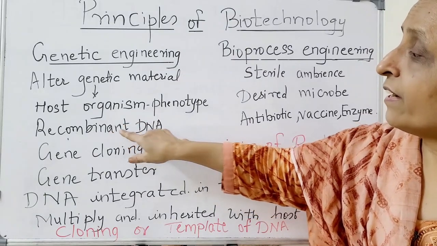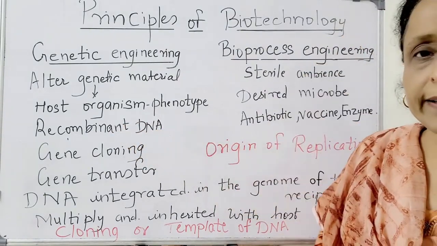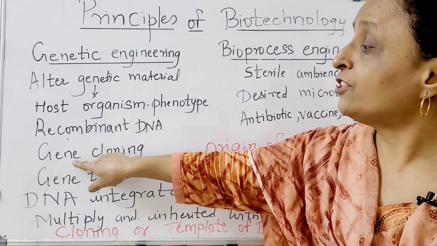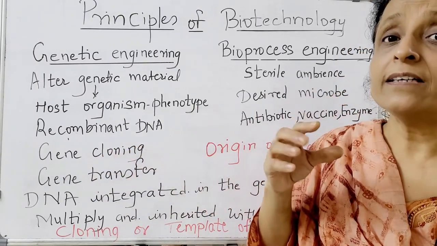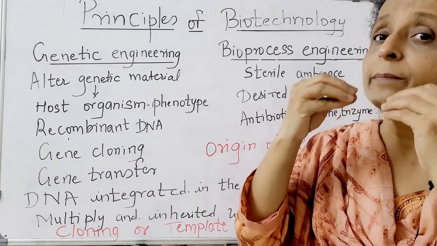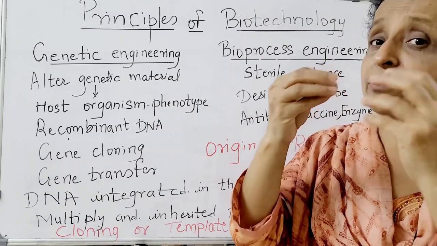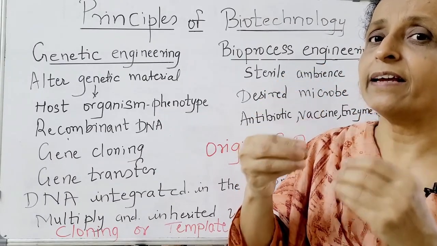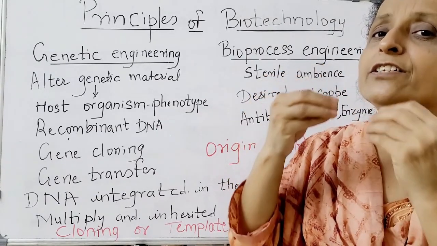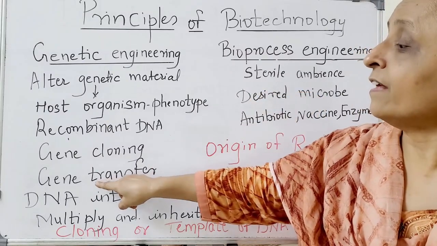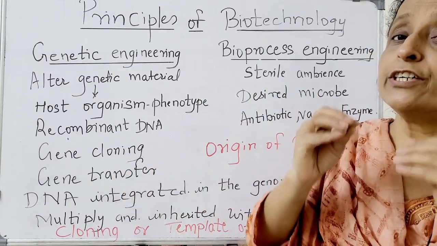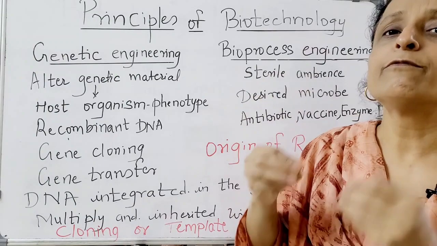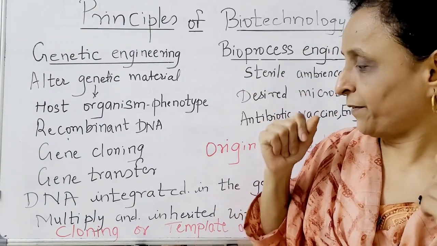So we have created recombinant DNA. We have done gene cloning, that is, the desirable DNA, which is now a recombinant DNA, is made into a gene. The gene is cloned and then we transfer the gene into the organism for the phenotypic characters.